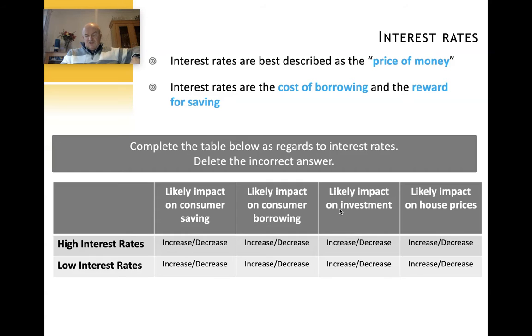Think about how interest rates might affect the key purchases that we might all make in the future, and see if you can come up with whether you think high or low interest rates will increase or decrease consumer spending, consumer borrowing, investment, and house prices. A process of elimination is probably a good way to go, because it will become fairly clear, hopefully. So have a go at that and see how you go.